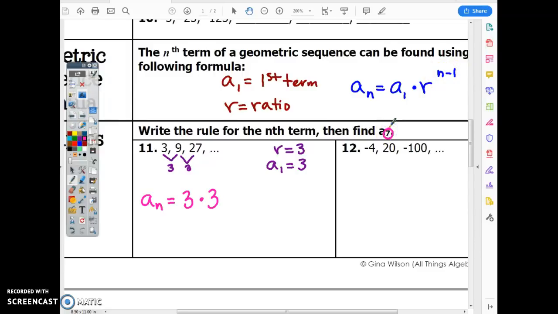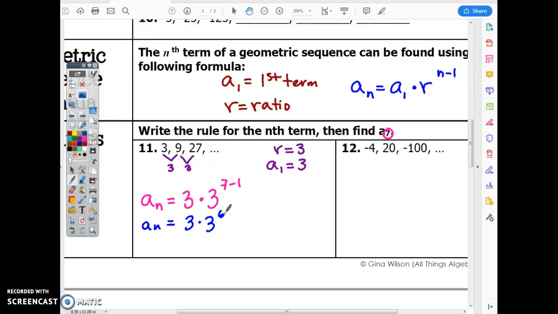A sub n, right? Well, they told us a sub 7. So I need 7. So that number right there needs to be 7 minus 1. So what's 7 minus 1? 6. So really we're doing a sub n equals 3 times 3 to the power of 6.